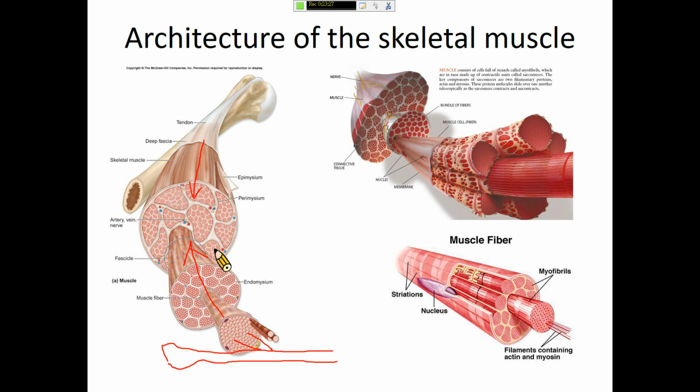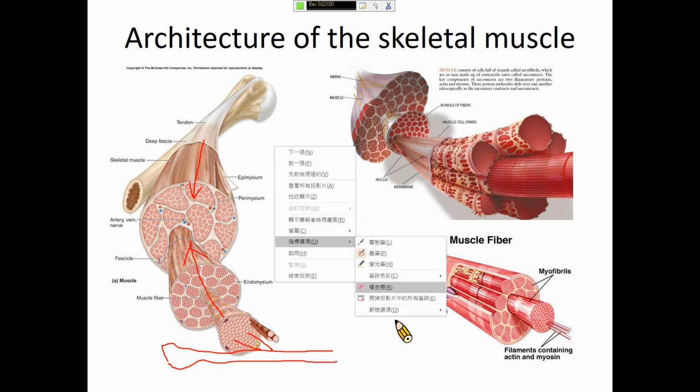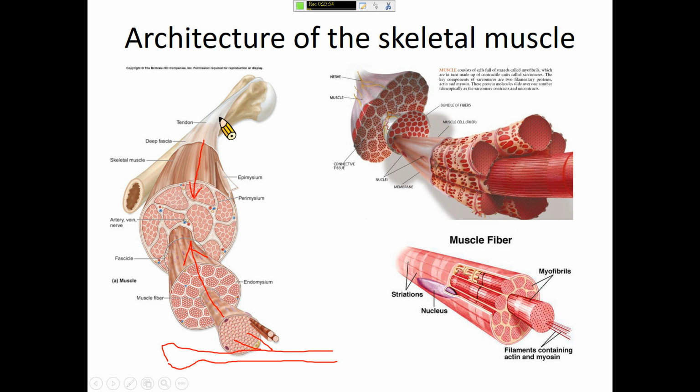Can you see that? When the muscle contracts, the force is always towards the center, pulling the bone, pulling the tendon here. So the tendon will be pulled.